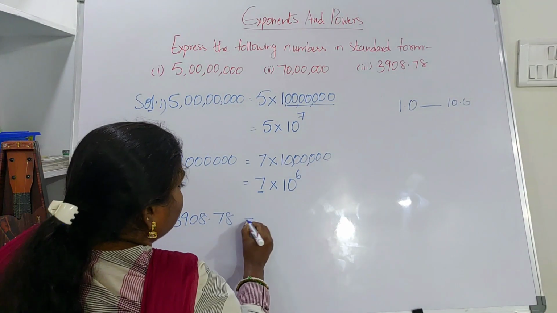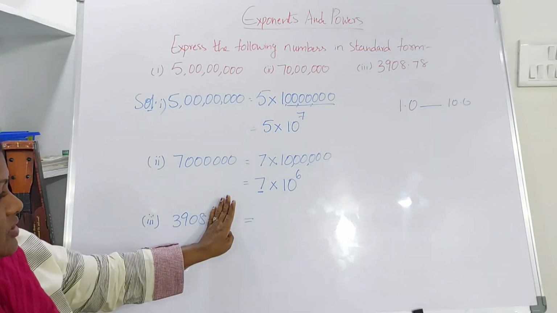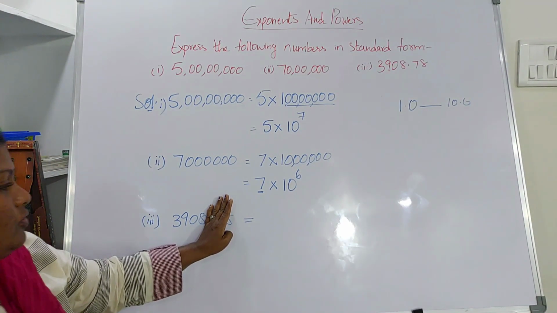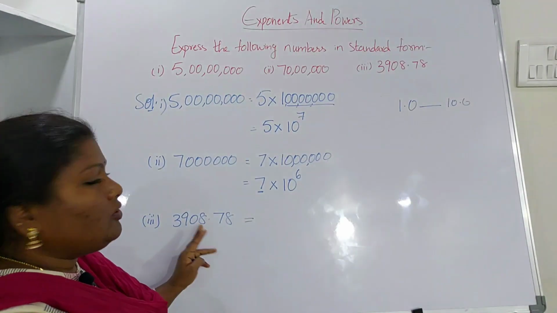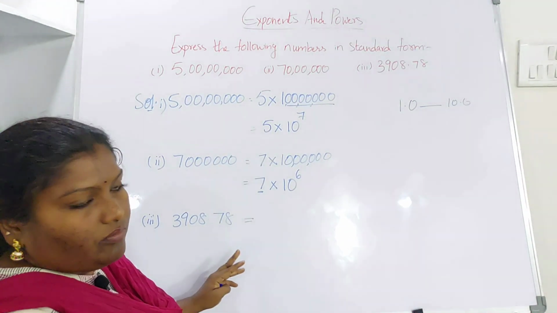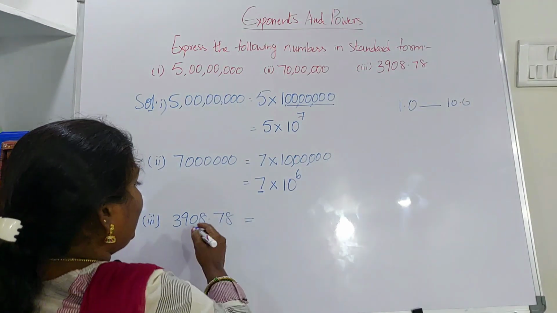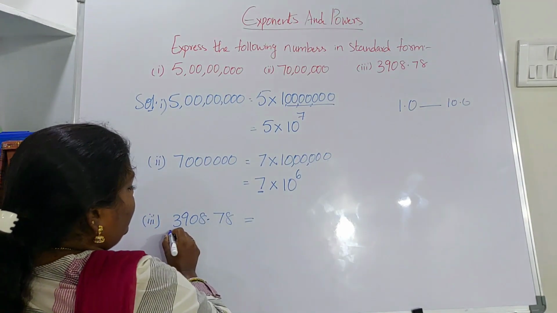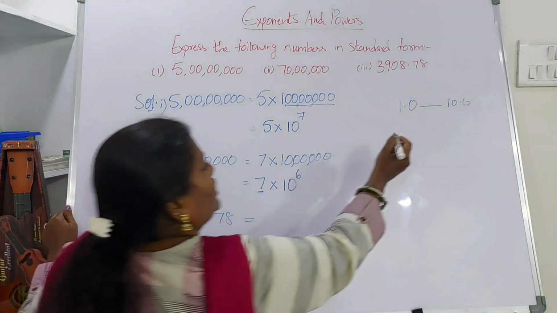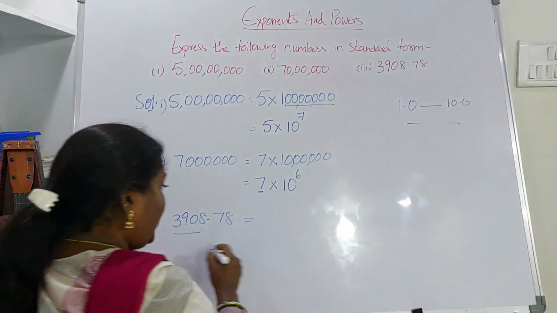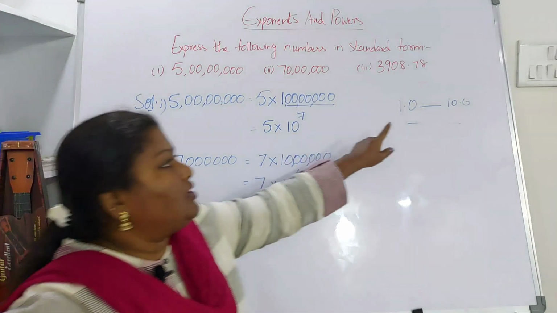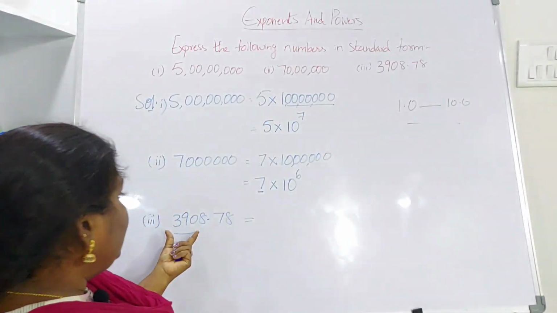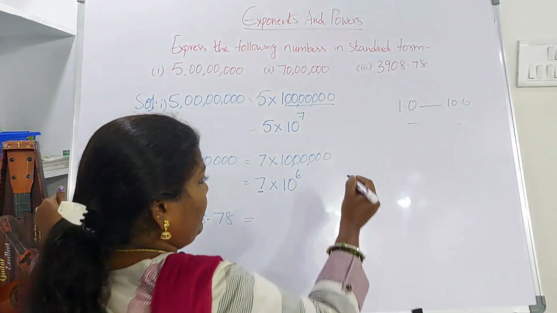Normally, if it is only 3908, you will be writing 3 into 1000 plus 9 into 100 plus 8 into 1. But here you have a decimal number and this is not in the range. Now I need to convert this into a number which is in between this range. Now I'll just explain that part.